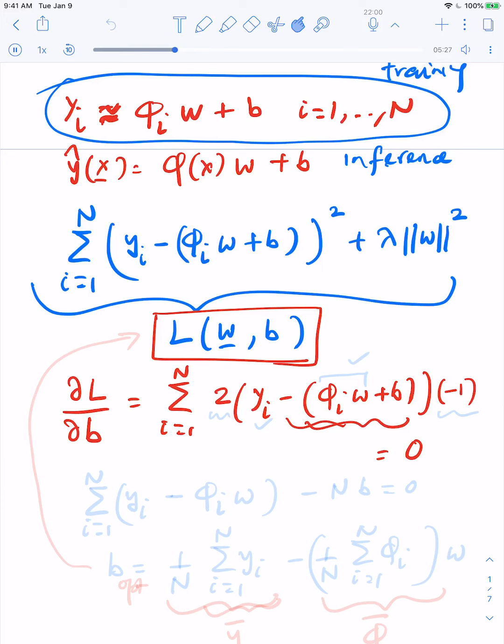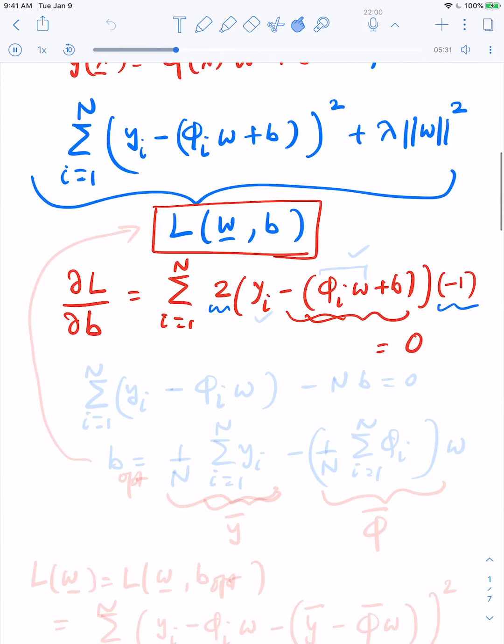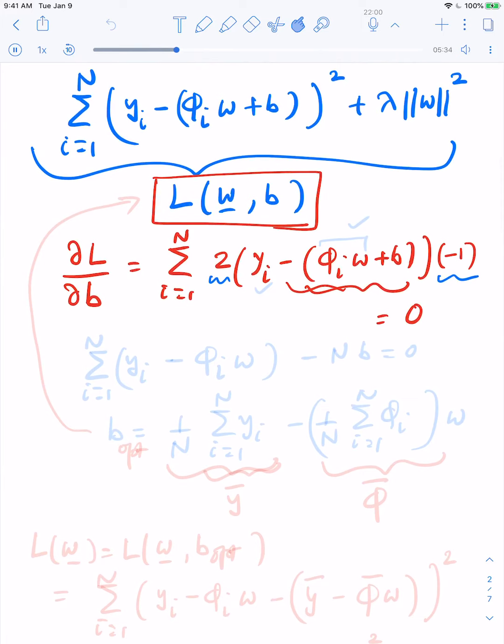Okay, so getting rid of the factor 2 and minus 1, right hand side is 0, so I can divide out by those factors. What do I get? I get summation i equals 1 to n of yi minus phi i w, that's this term and this term, and then I have also minus b, but that's happening n times.